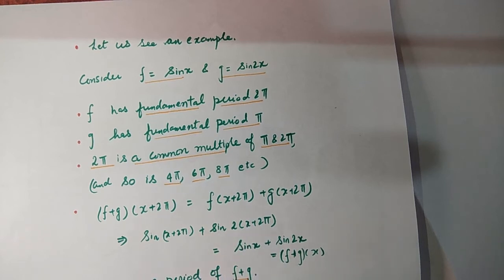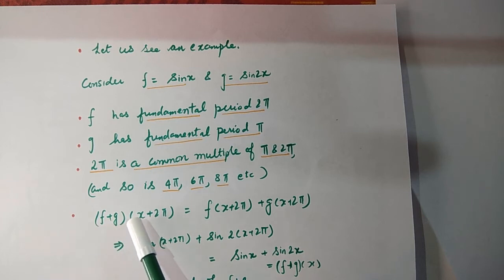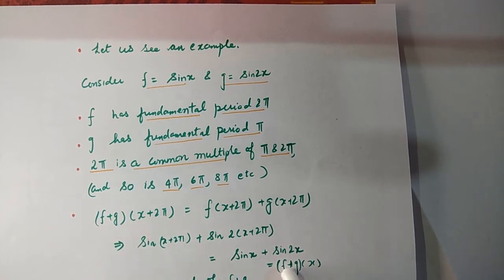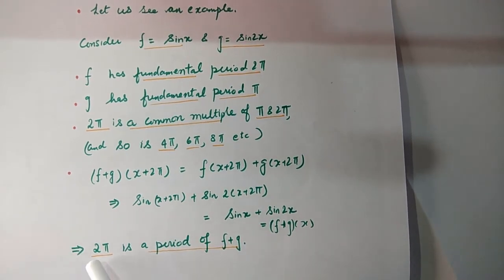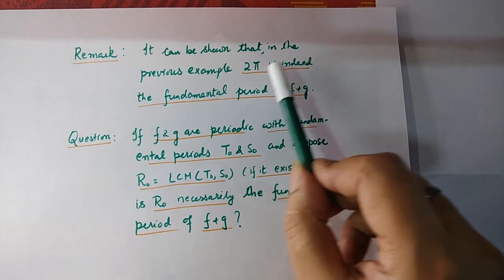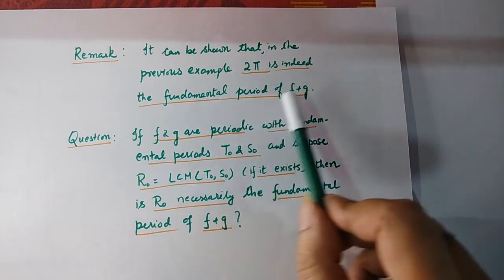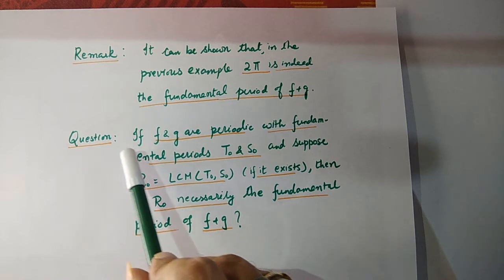So finally we conclude that (f plus g)(x plus 2 pi) is equal to (f plus g)(x). Hence, 2 pi is a period of f plus g. It can also be shown that in the previous example, 2 pi is in fact the fundamental period of f plus g. Now this brings us to an important question.